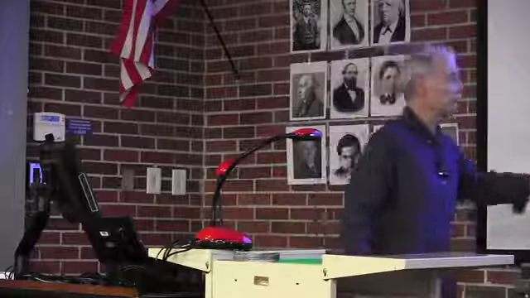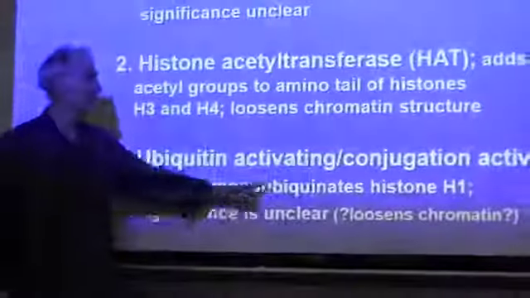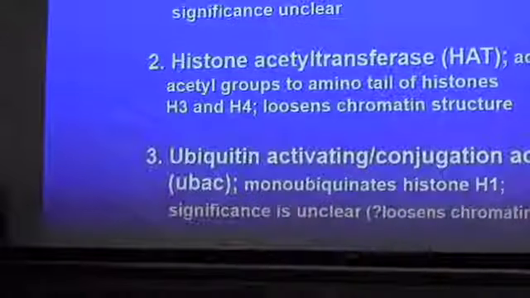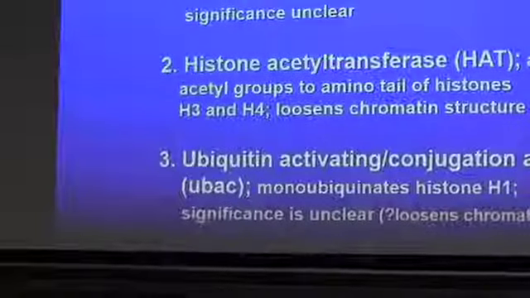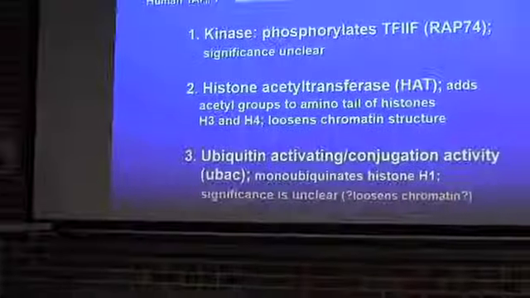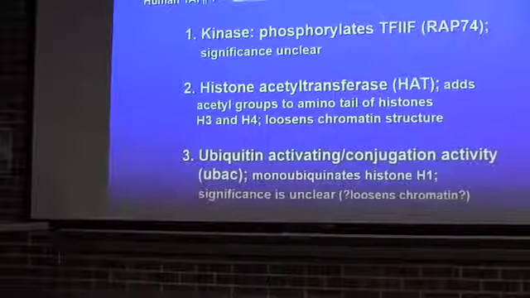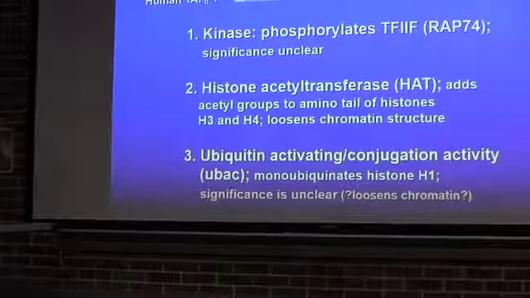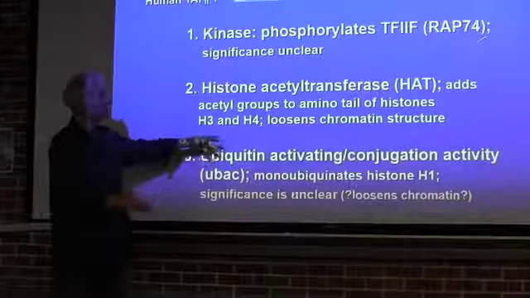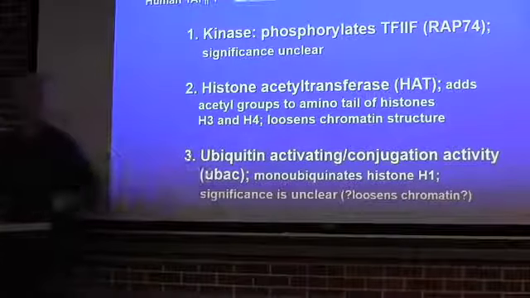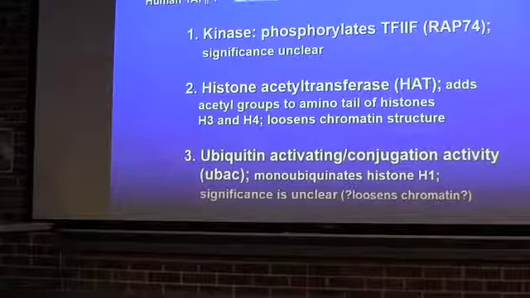But you see, by ubiquitinating histone 1, you've prevented higher orders of folding from happening. Again, promoting an open, non-condensed configuration of the chromatin. So you have two agents here, enzymatic activities that are promoting maintenance of an open chromatin configuration.